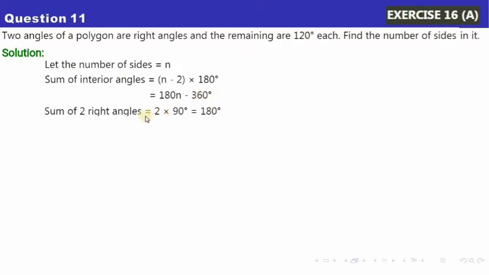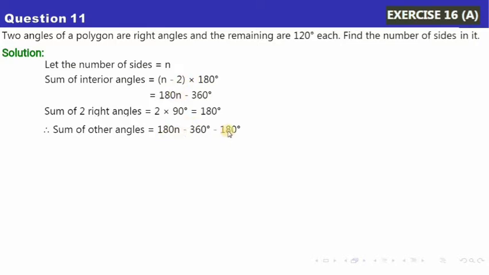Now, as I said, you have two right angles. Two right angles means you have 180 degrees. If I remove this 180 degrees from the total, you get this much.